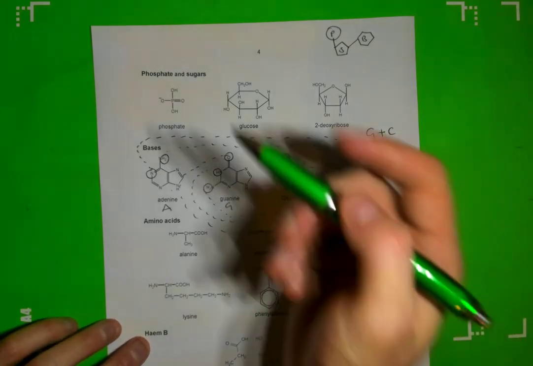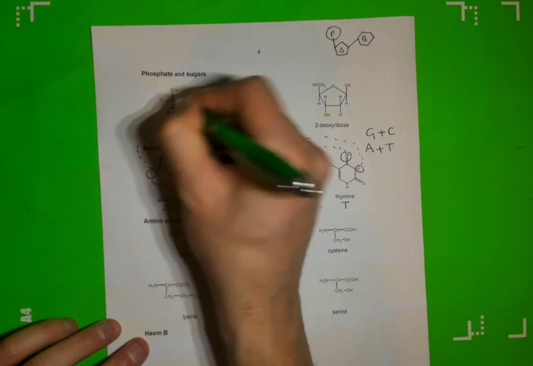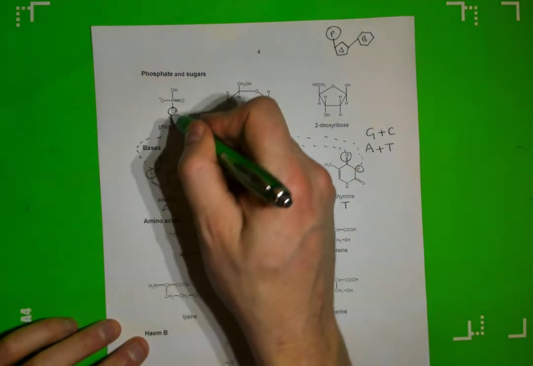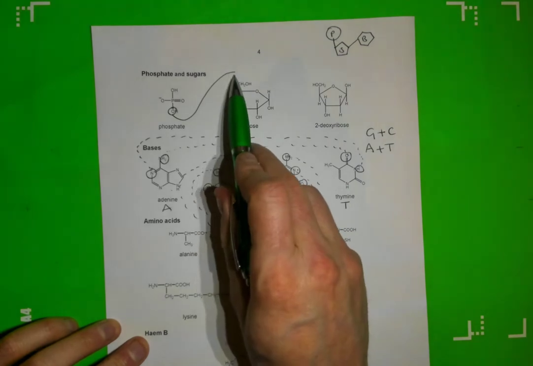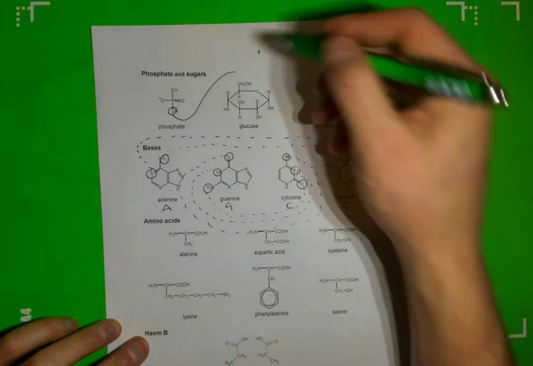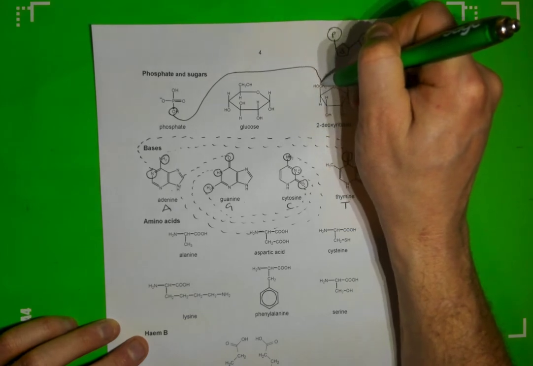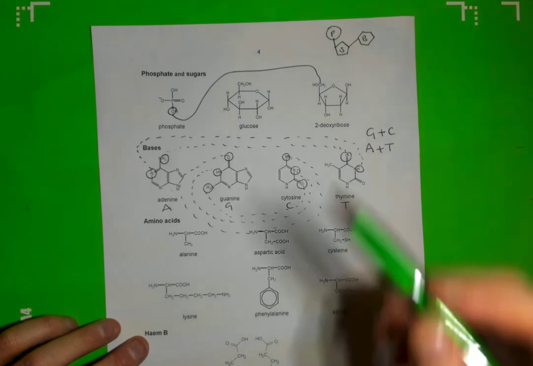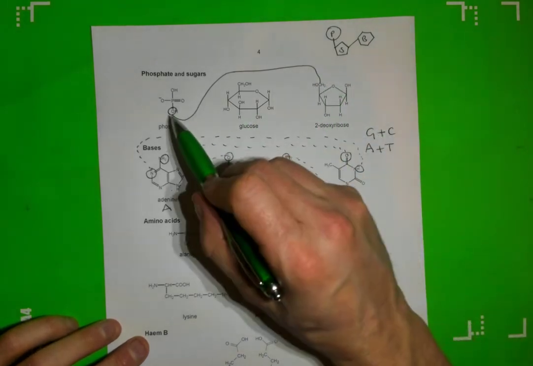This oxygen on the phosphate group will bond by a covalent bond, which is why I'm drawing a solid line rather than a dotted line, with that carbon there, that's CH2. Now, in order for that to happen, we've got to eliminate an oxygen and 2 hydrogens.